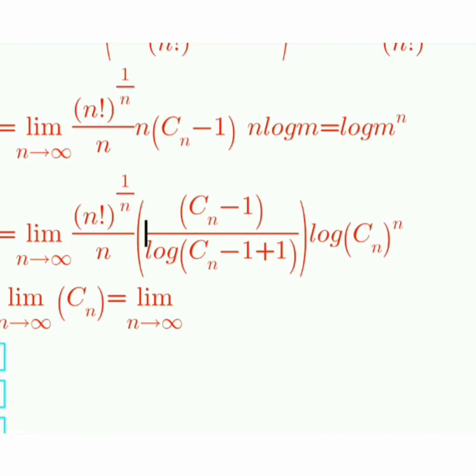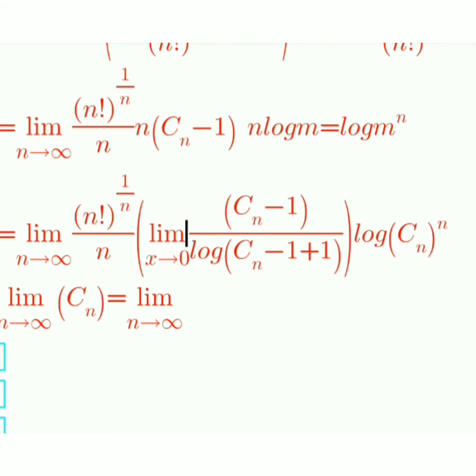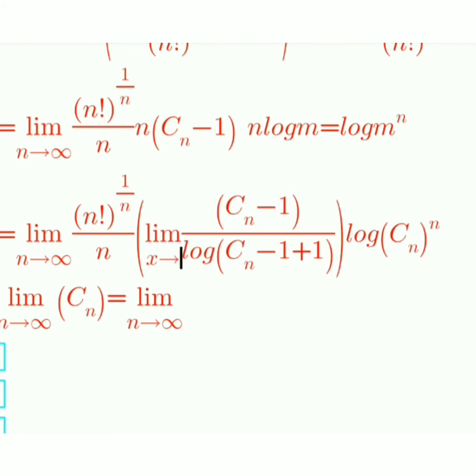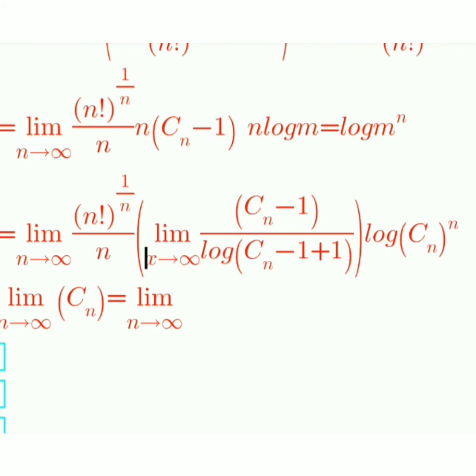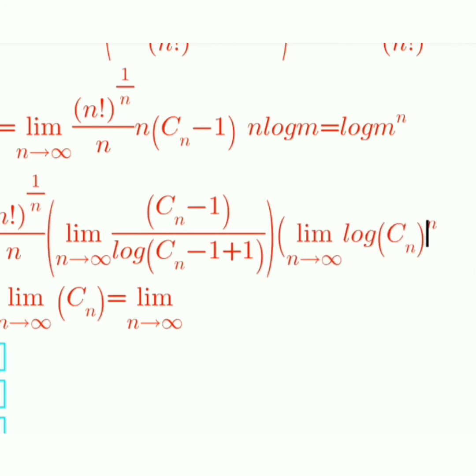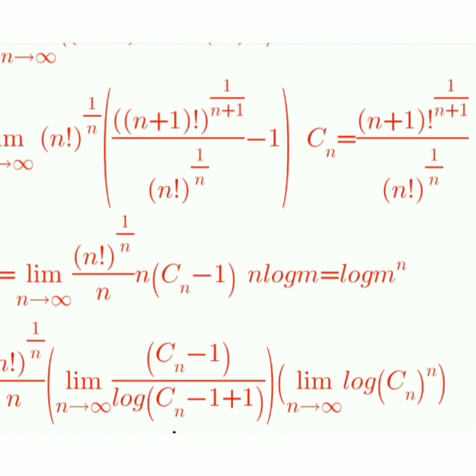So friends, I can also in here use n tends to infinity, and I can use it as a product. So product rule, limit n tends to infinity Cn whole to the power n. So limit Cn value means limit n tends to infinity.